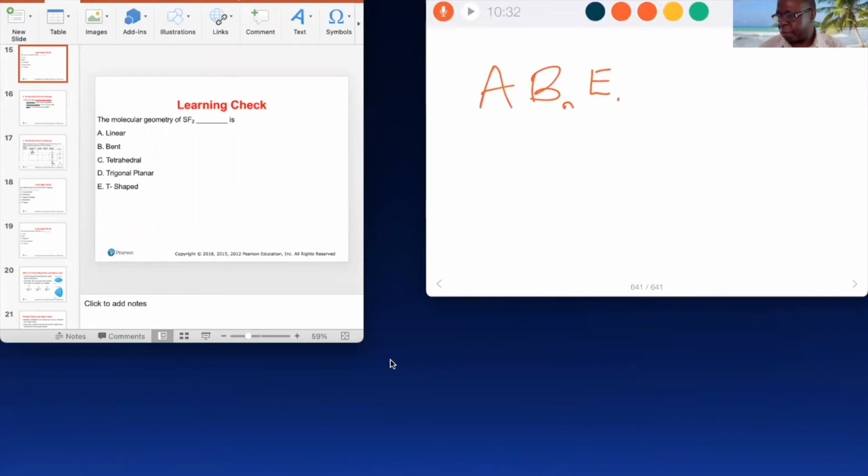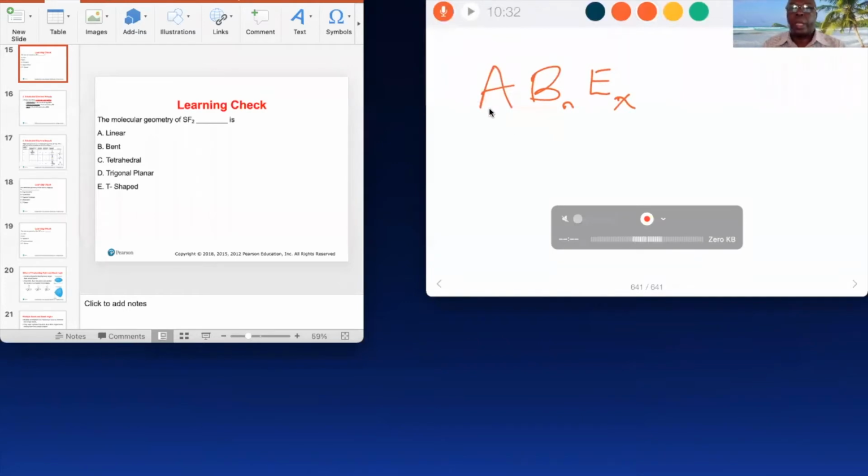A stands for the central atom, X stands for the number of external atoms, and E stands for the number of lone pairs of electrons on the central atom. So when you are asked to draw the Lewis structure, you start off by looking at slide number 15 here.